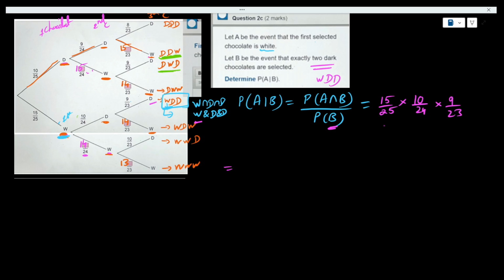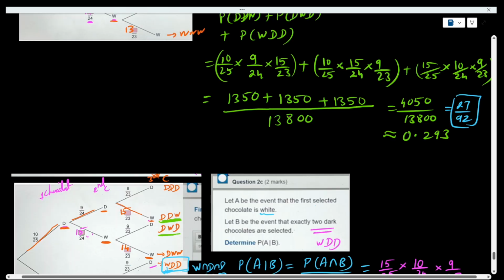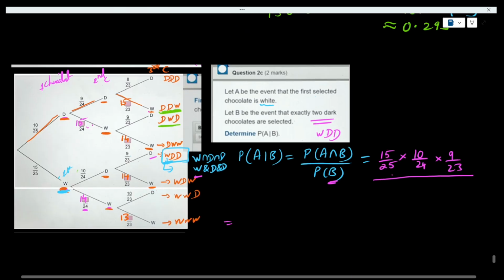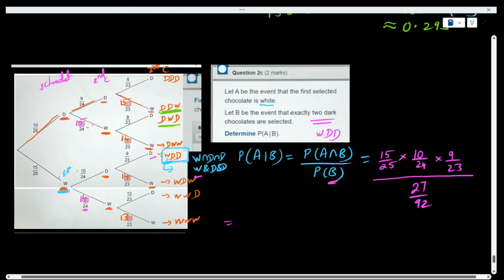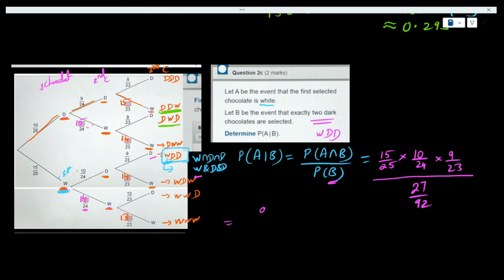Now in the denominator, the probability of getting exactly two dark chocolates out of 3, we already got in the second part, which is 27 by 92. Now simplify the numerator, you will get 9 by 92, over 27 by 92.